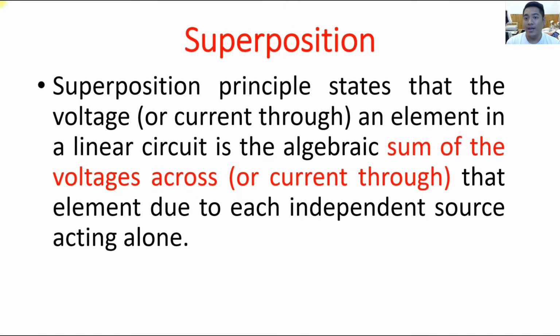That's what I was saying a while ago, that we are going to get the algebraic sum of the effects of each and every independent source, whether it may be voltage or current, so that we will come to a conclusion that this is what we are trying to find, the voltage or the current. Okay, so each independent source, take note, contributes to the current or to the voltage.